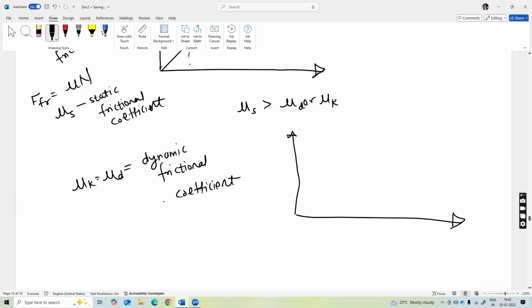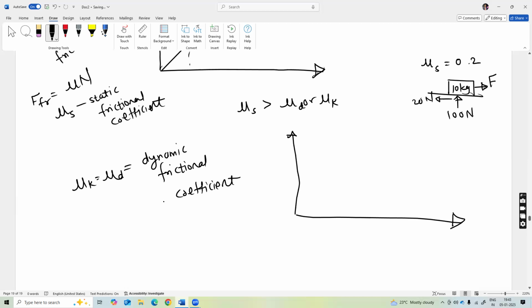Now if you consider the graph again, let's say in this case you have a static friction coefficient of maybe 0.2. And there is an object of mass 10 kg. So the normal reaction is 100 Newton. So mu N means 20 Newton is the limiting frictional force.